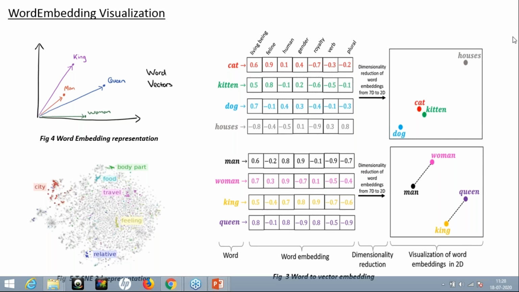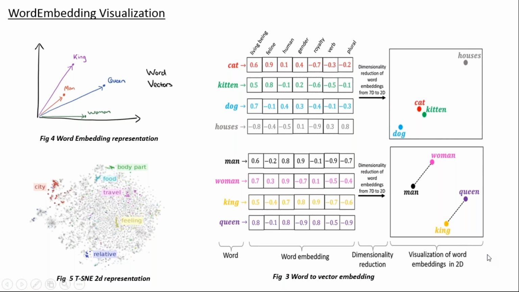What figure 4 shows is that you can do some vector computations, because each of the words such as king, man, queen, woman is represented by means of certain vectors. If king is at a certain point in the space and man is at a certain point in the space, the distance between king and man, or queen and woman, probably will be the same, which means the representations have certain meanings embedded in them, and you can use this for further computations.